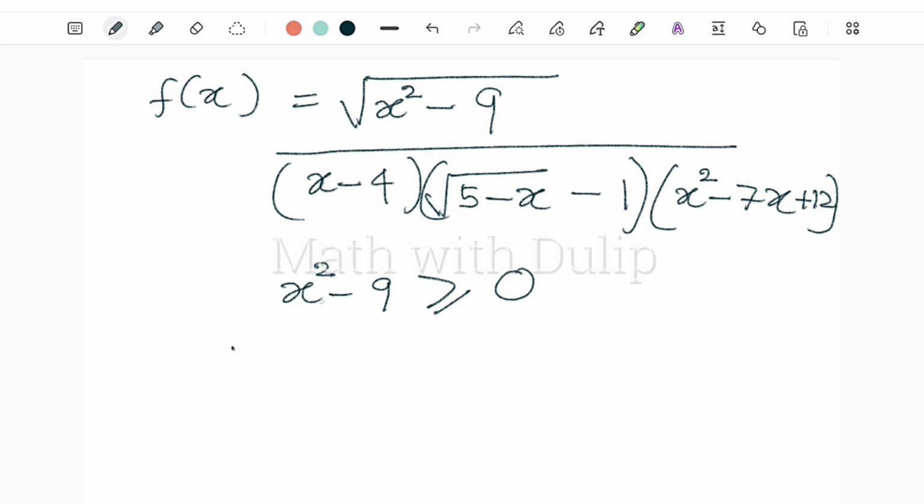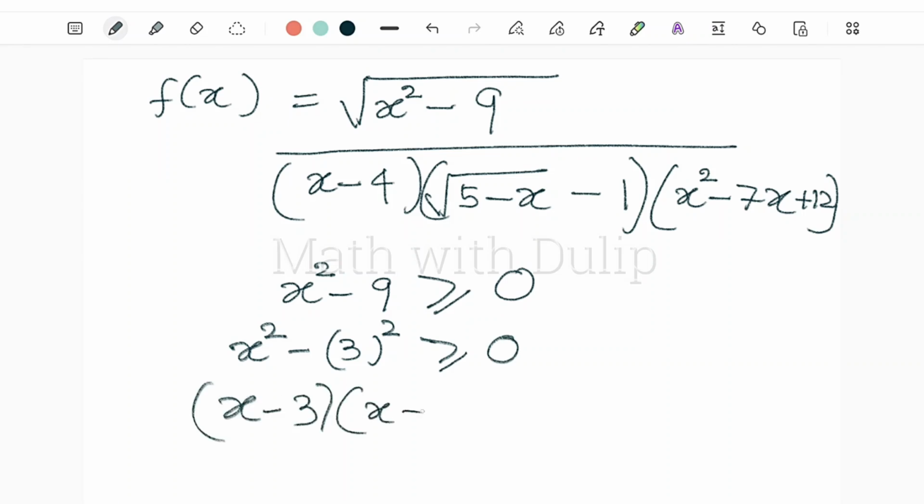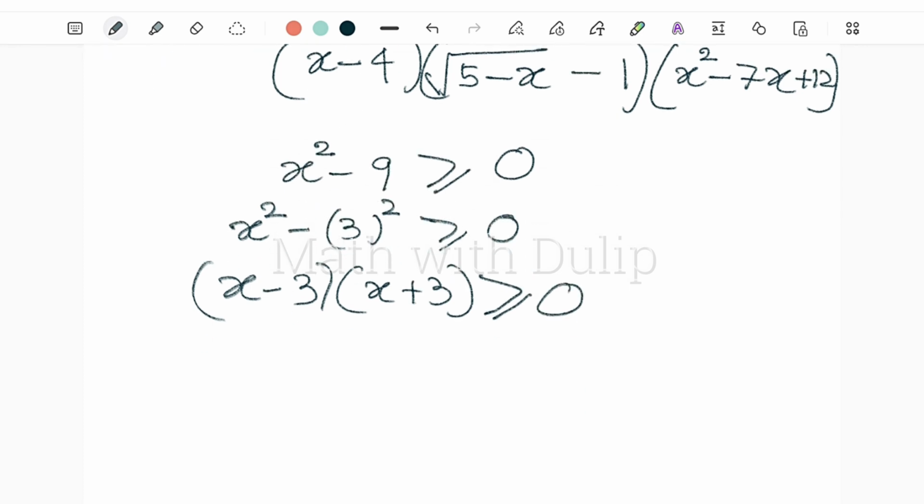This is a difference of two squares: x squared minus 3 squared greater than or equal to 0, so x minus 3 times x plus 3 is greater than or equal to 0. If x is greater than 3, this value is positive and this value is positive, and plus times plus is plus, so the x value should be greater than or equal to positive 3. That is one of the conditions. Now imagine like this.